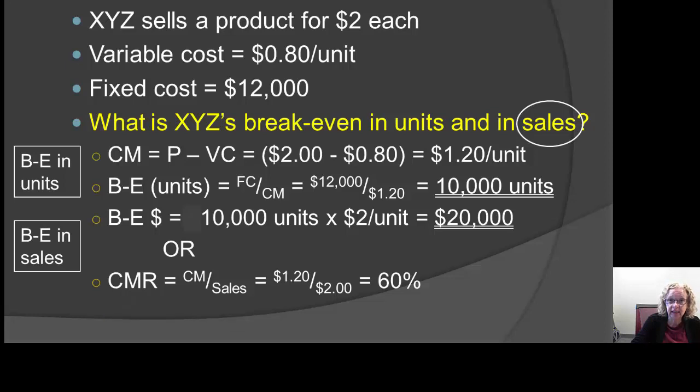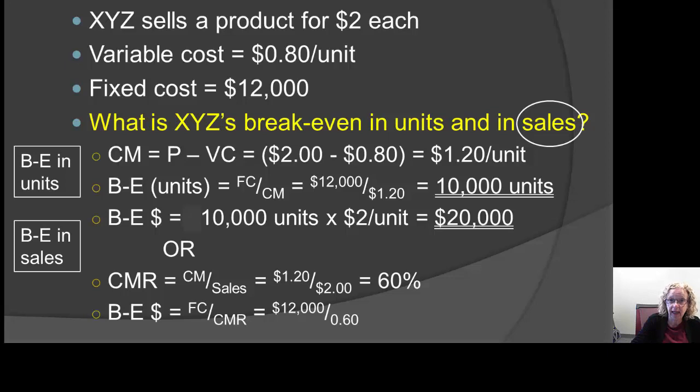In other words, 60 cents out of each sales dollar is available to cover fixed cost or contribute to firm profitability. So now we can take our fixed cost and divide it by the contribution margin ratio, and that will give us our answer in sales revenue.